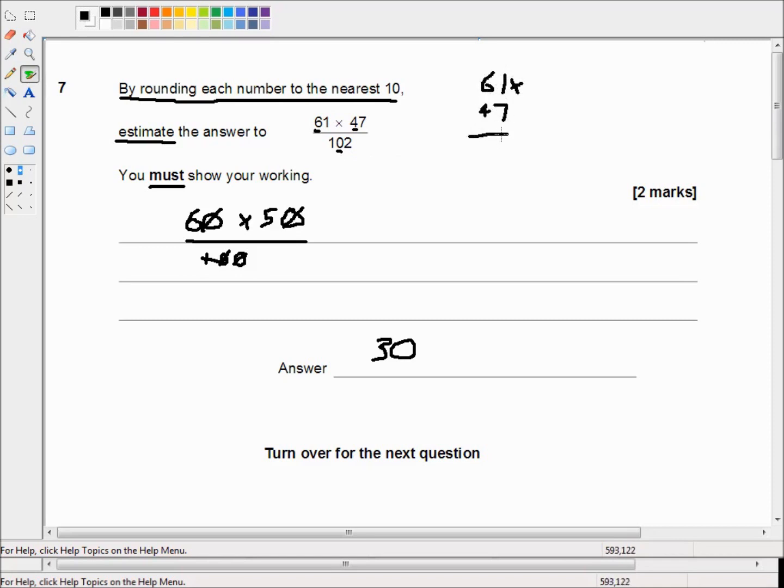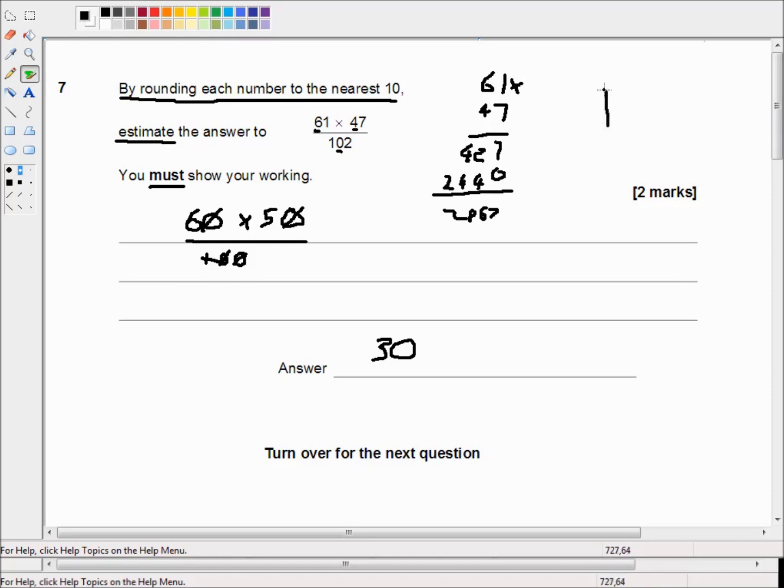Okay, well 7 times 1 is 7, 7 times 6 is 42. Then put down a 0, 4 times 1 is 4, 4 times 6 is 24, and that comes to 2867. That's good, and that would be the right answer, but it would have got you 0 marks.